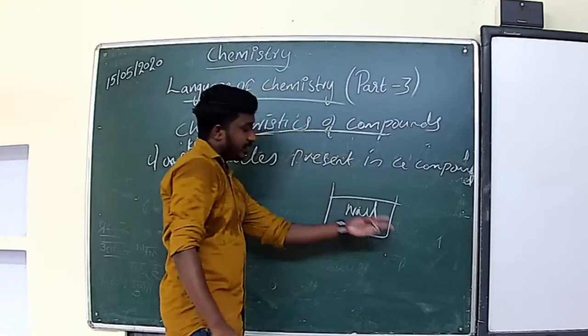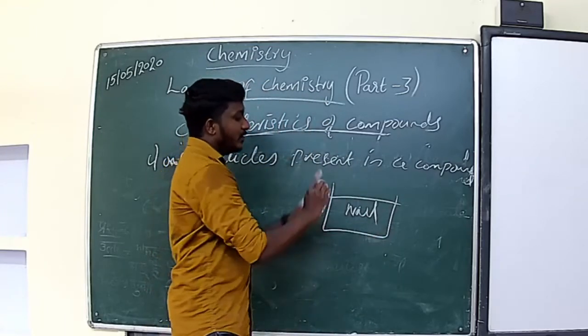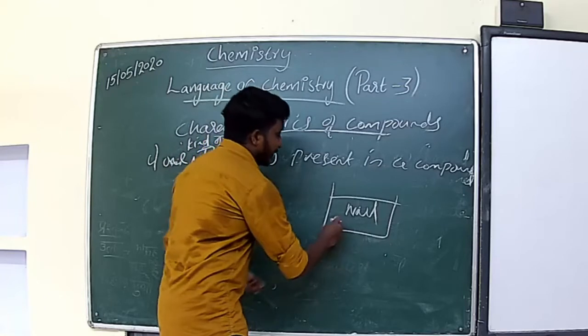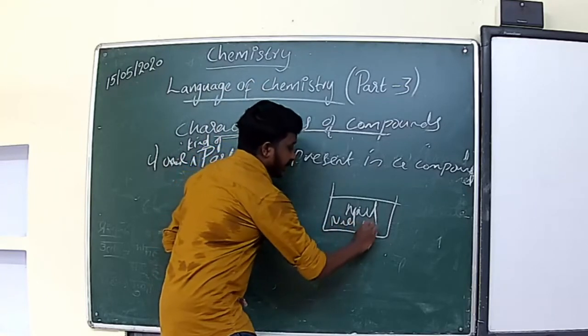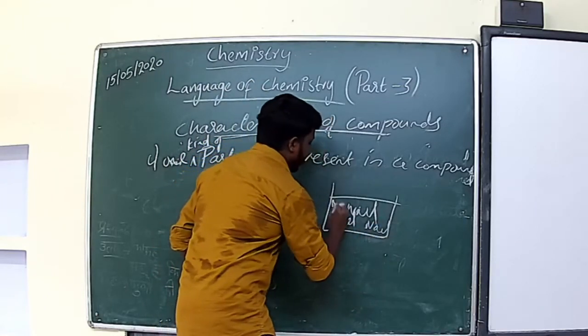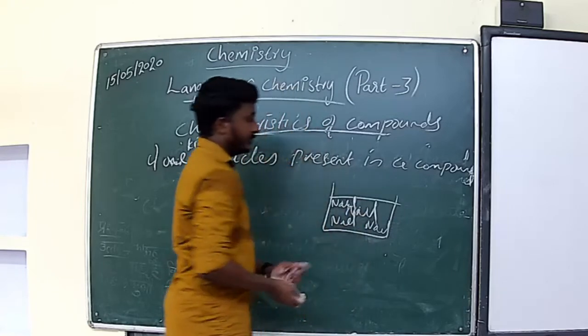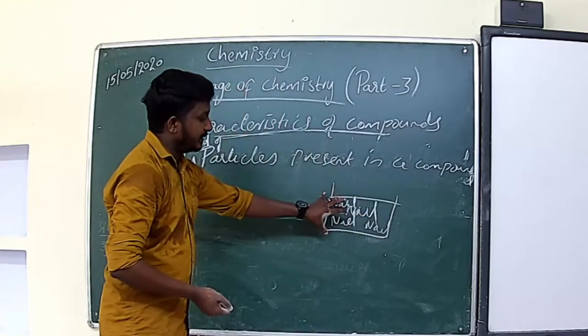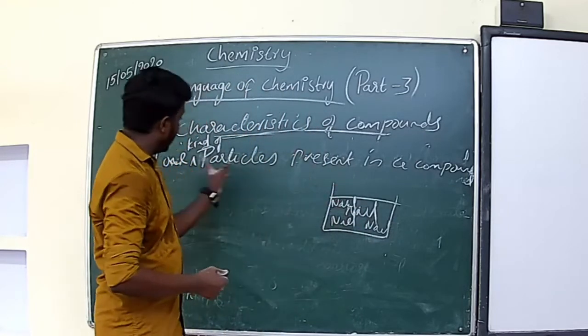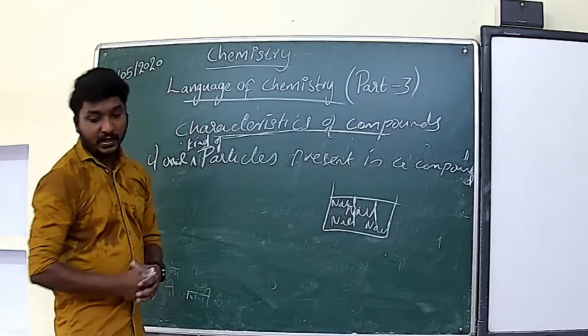From wherever you see, there is only one type of particle. What is that? NaCl. So in a compound, there is only one type or one kind of particle.